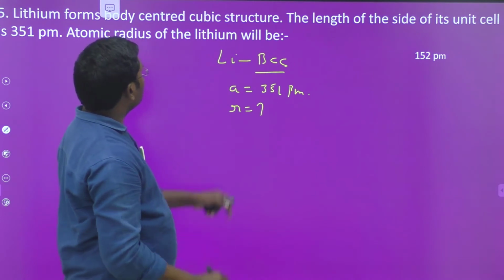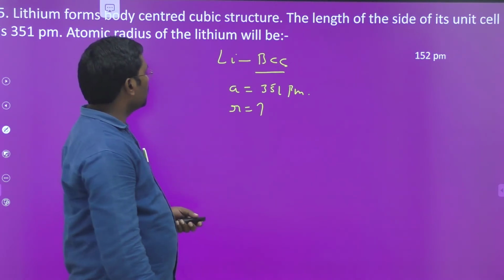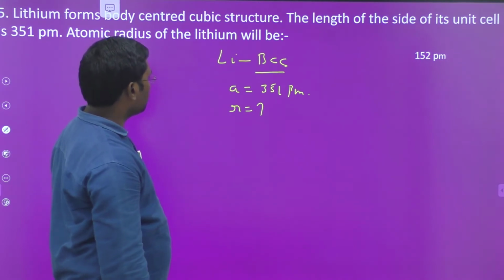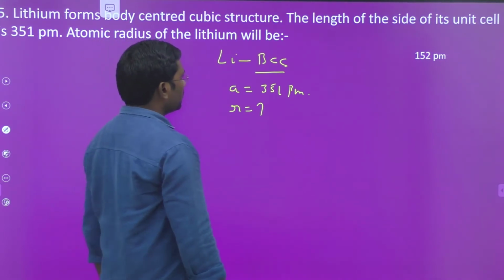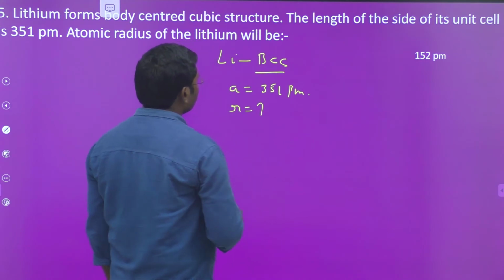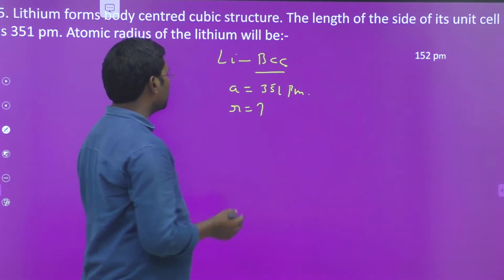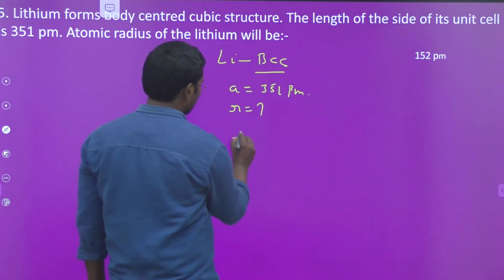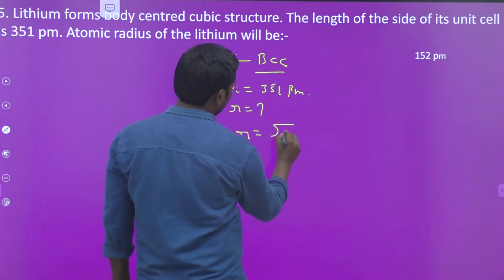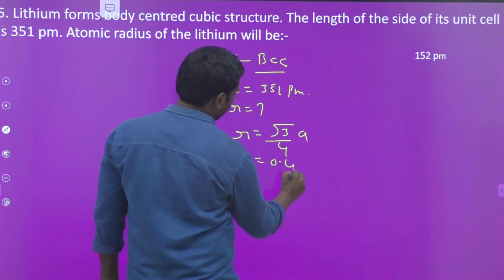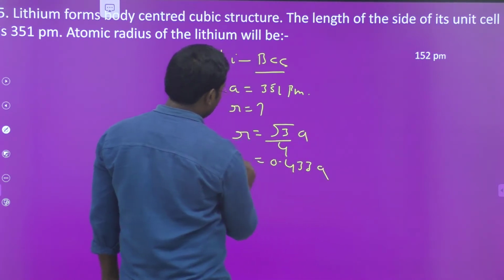Lithium has the BCC structure, so the relation between r and a in BCC is r equal to root 3 by 4 a, which is 0.433 a.